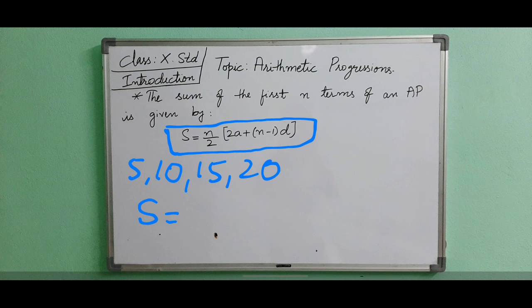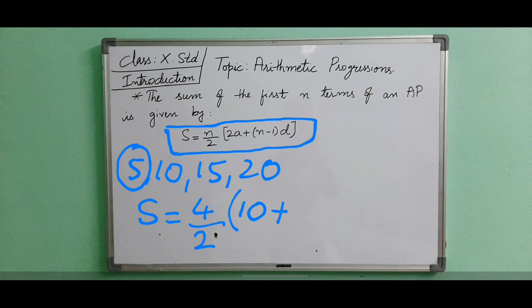S equals n by 2. Here n is 4: 1, 2, 3, 4. So 4 by 2, then 2 into a, where a is your first term. So 2 into 5 is 10, plus n minus 1. Here n is 4, since there are 4 numbers, so 4 minus 1 is 3.